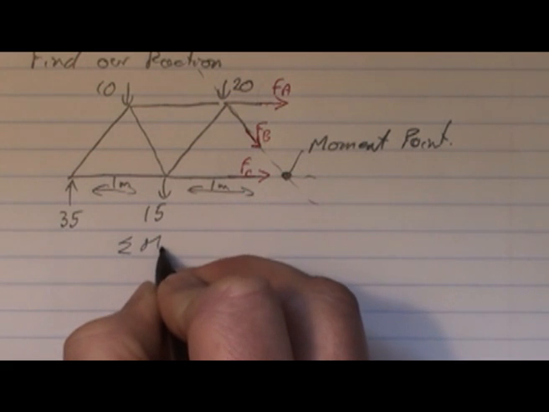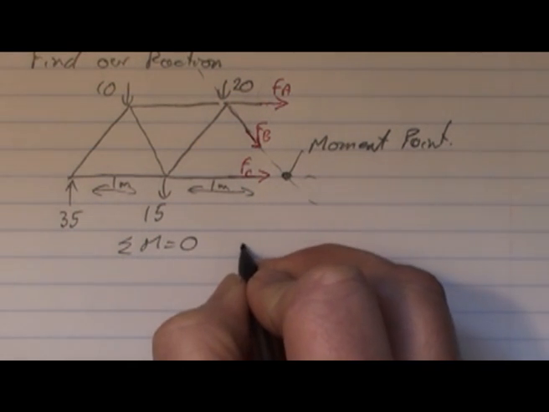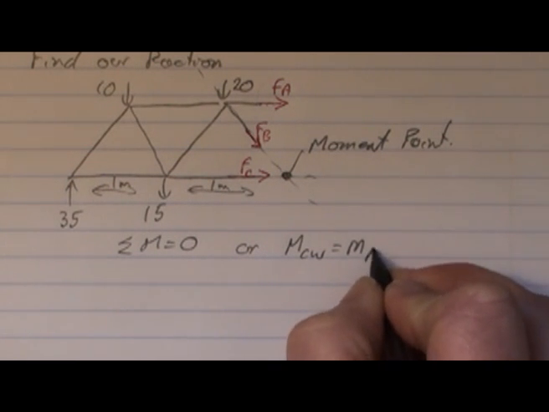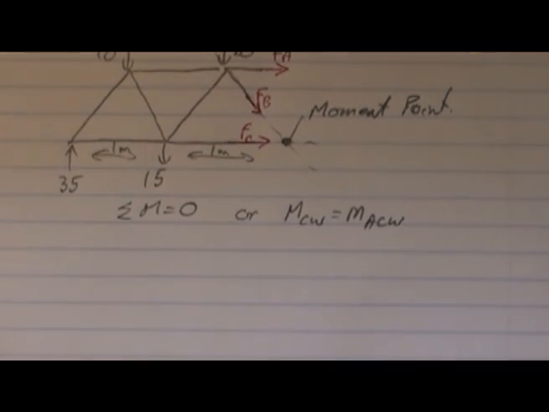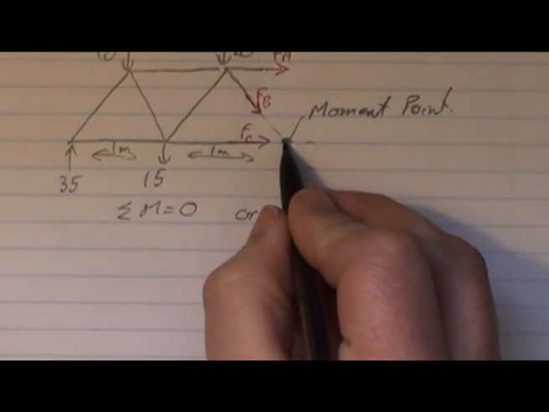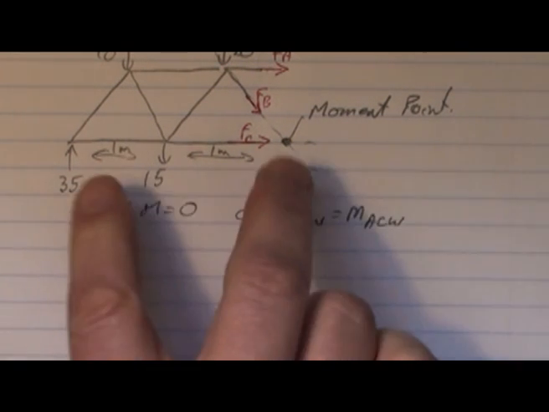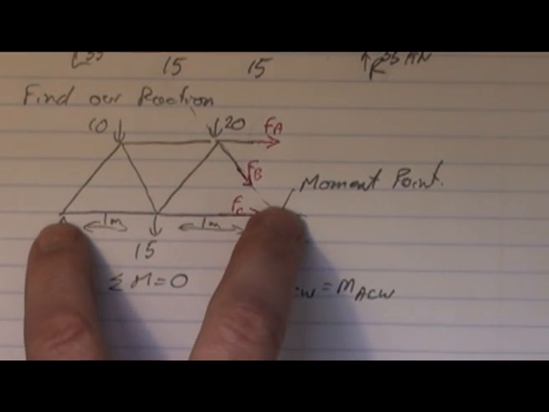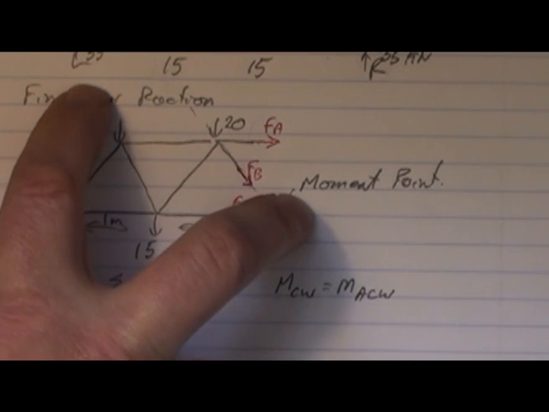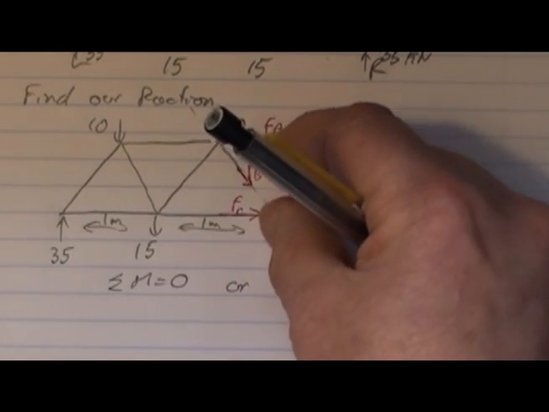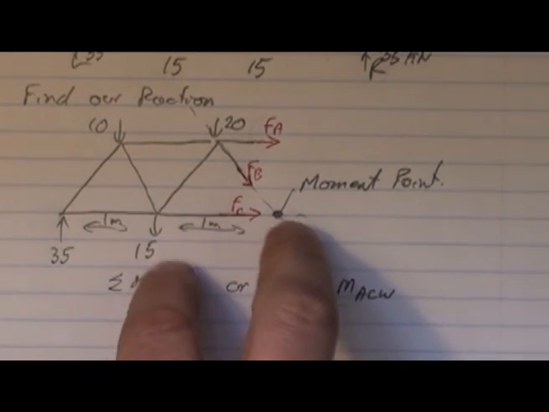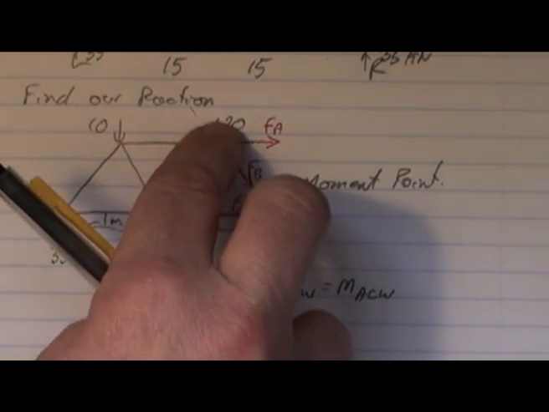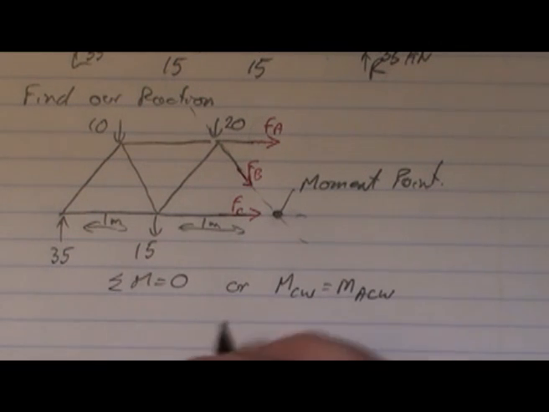So sum of moments equals 0, or I can write this as moments clockwise equals moments anti-clockwise. About this point, clockwise, I will have 35 times this distance going clockwise. FA is going clockwise. My 15 will be anti-clockwise, my 10 is anti-clockwise, and my 20 is anti-clockwise.